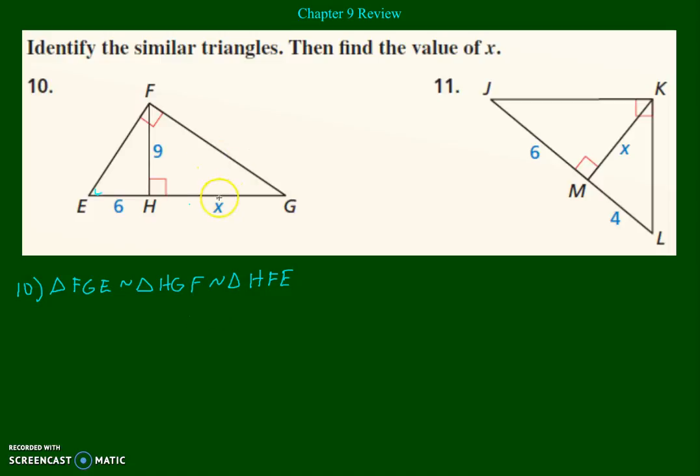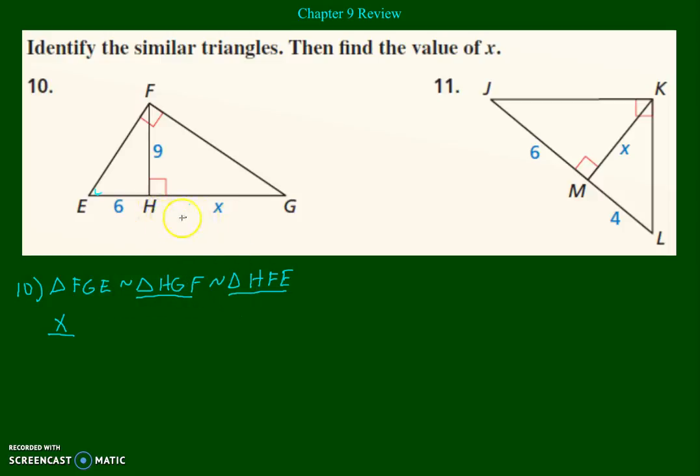So I need X. As usual, I like to put my variables in the upper left of my proportion. And X is HG. And I'm going to use the middle triangle and the small triangle. That means this triangle and this one. And I'm underlining them just so that I know where I'm going.